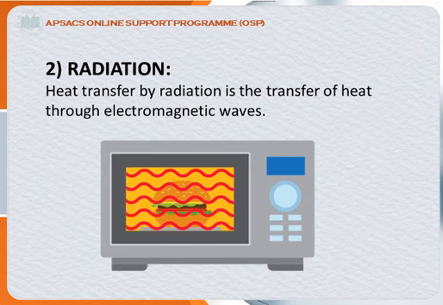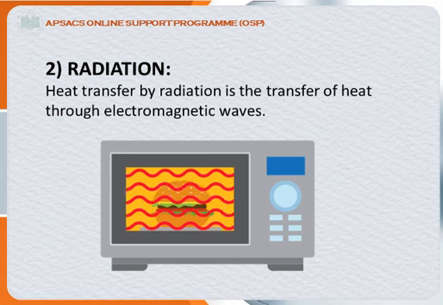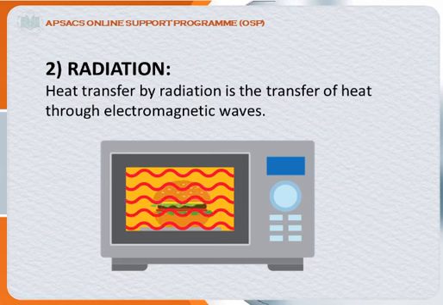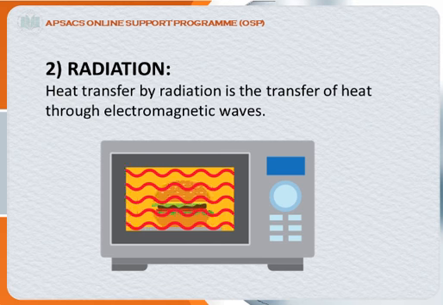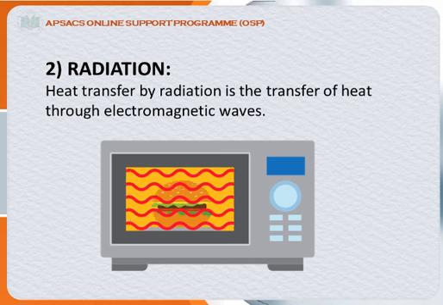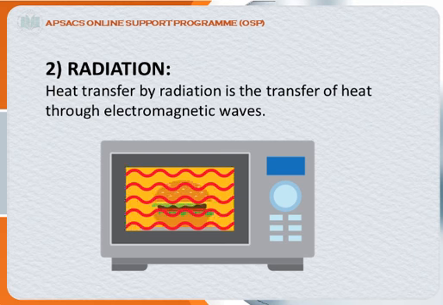Number 2 is radiation. Heat transfer by radiation is the transfer of heat through the electromagnetic waves or the rays. As you can see in the picture, the food is warming up in the microwave through radiation. We cannot see this radiation, but it can keep the food warm.